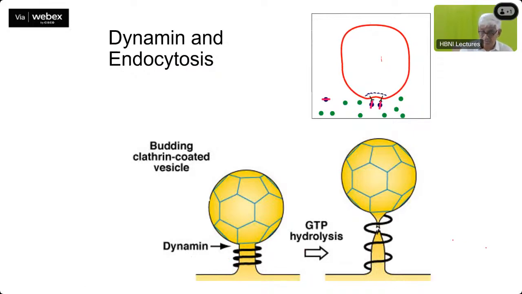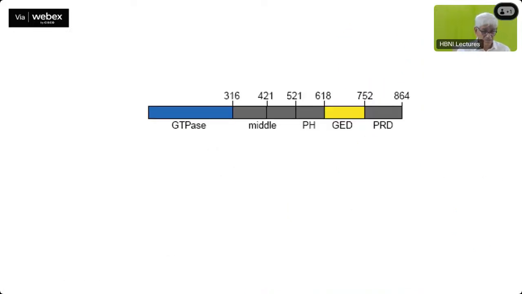Now, what is this dynamin? The dynamin is actually a small protein, about 864 residues. It contains these many domains. The GTPase domain is up to 316, and this particular domain here is responsible for the self-association of dynamin.